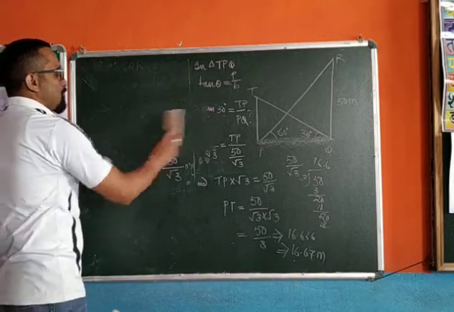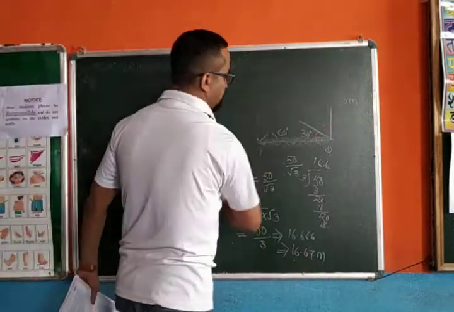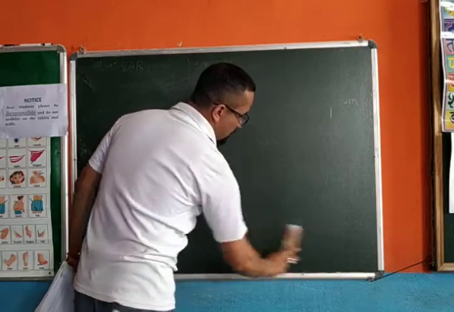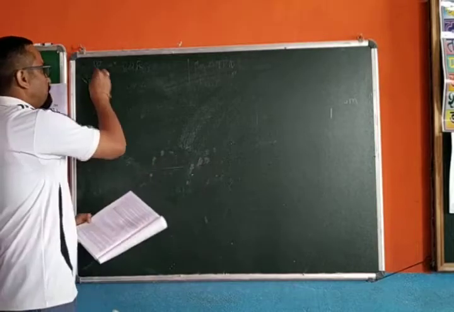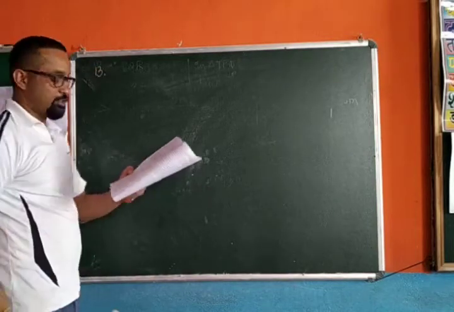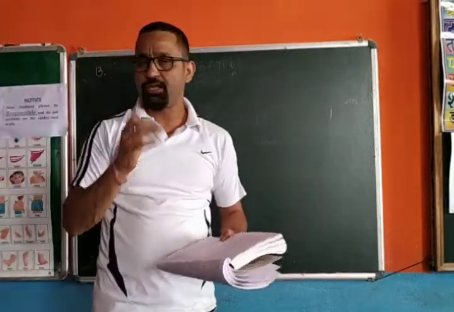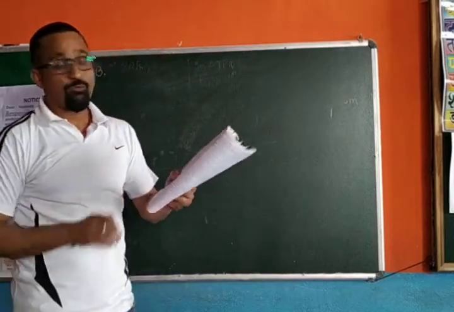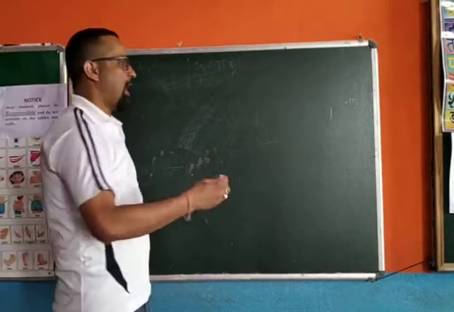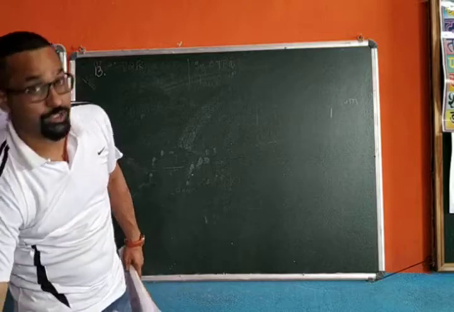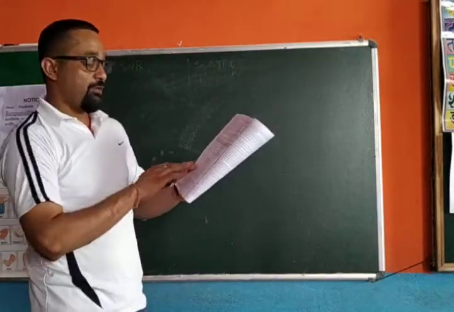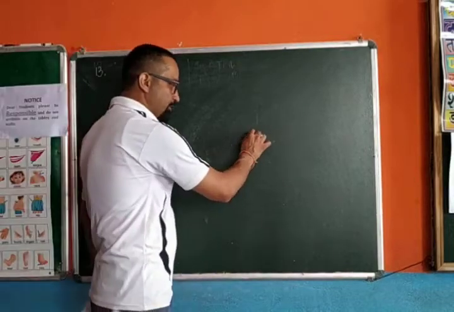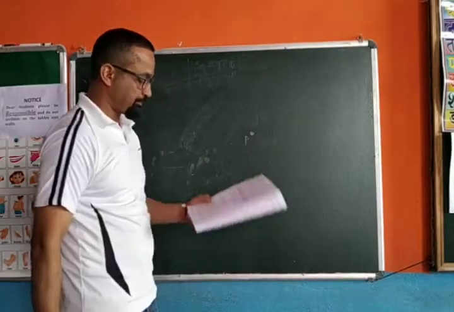Similarly, you have question number 13. Look at this question number 13. It is again an important question: from a point P on the ground. As you read the question, you can draw the diagram at the side. From a point P on the ground, so you mark a point here, P on the ground.